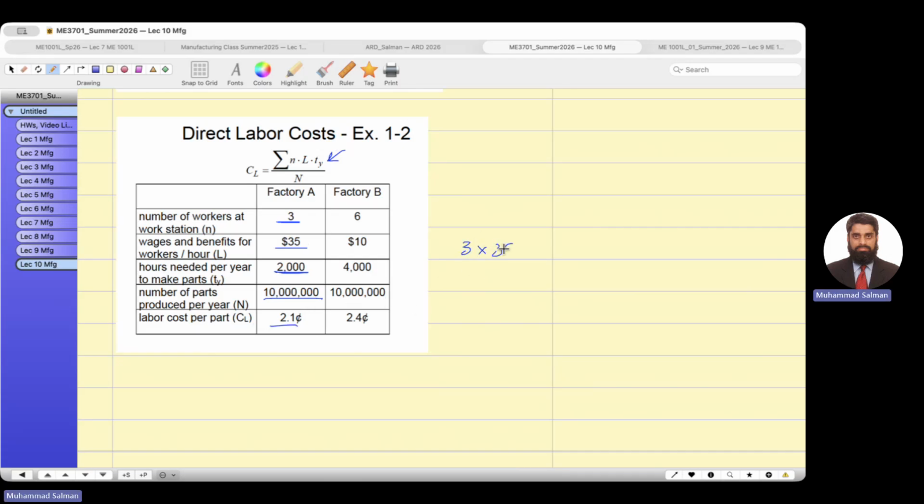3 times 35 times 2000, that gives $0.021.